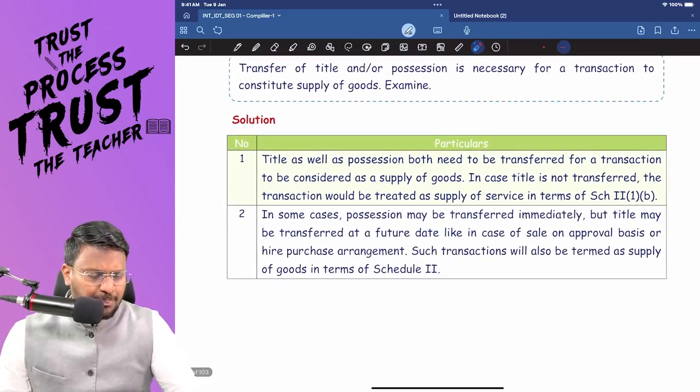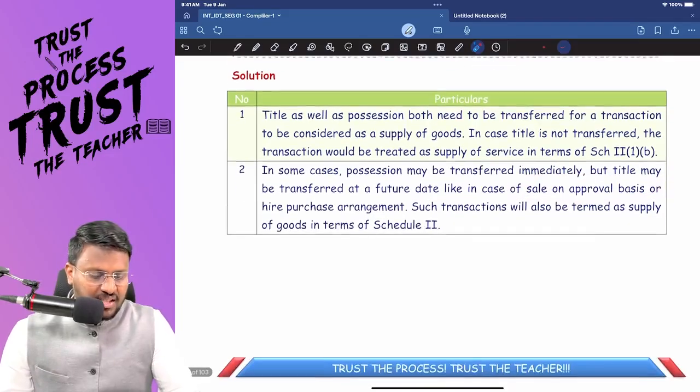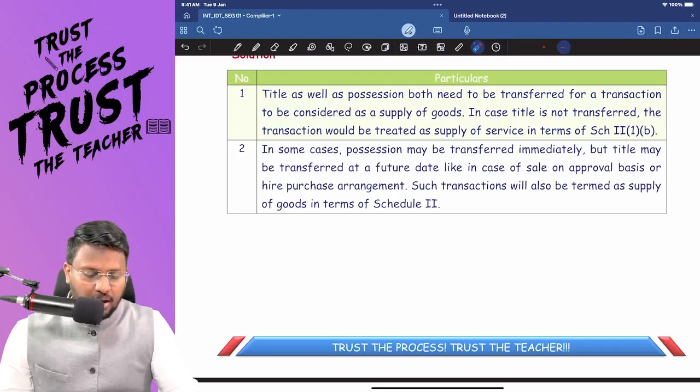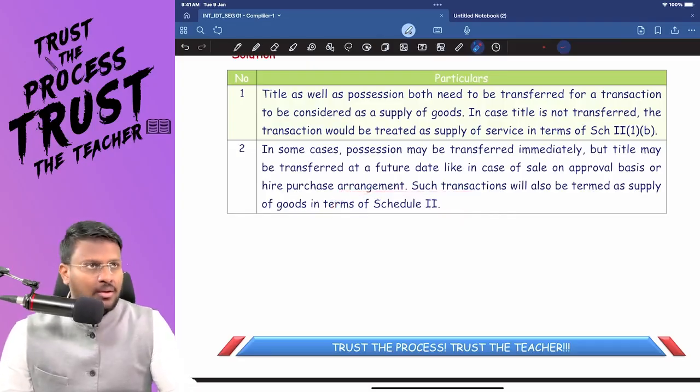In some cases, possession may be transferred immediately, but title may be transferred at a later date, like in the case of sale on approval or return basis or a hire purchase agreement. Such a transaction will also be termed as supply of goods in terms of Schedule 2. Comfortable, sir?